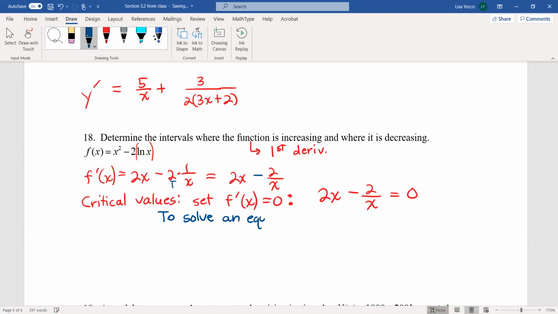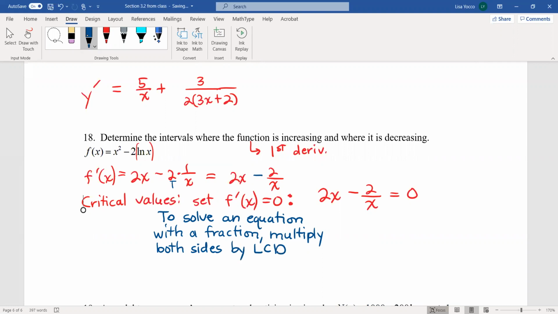I'll just remind you, to solve an equation with a fraction, you want to multiply both sides by the least common denominator. In this equation, there's only one denominator, and it's x. So basically, we're going to multiply both sides of this equation by x.